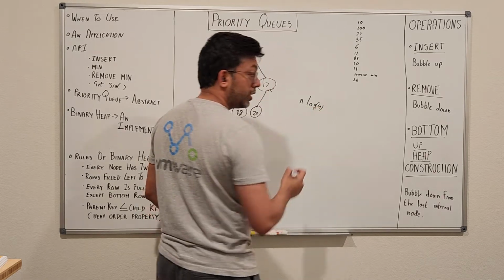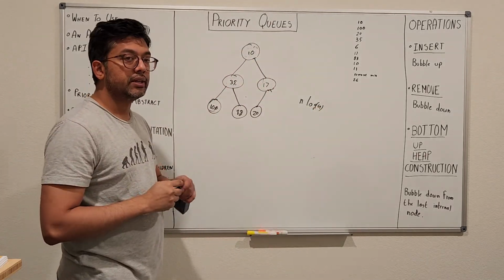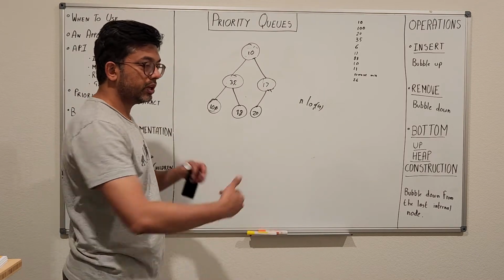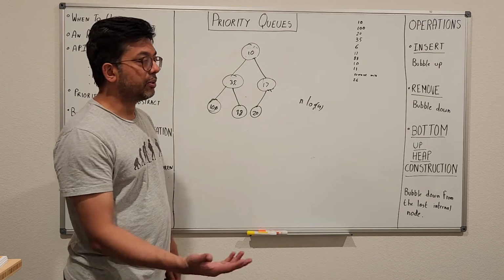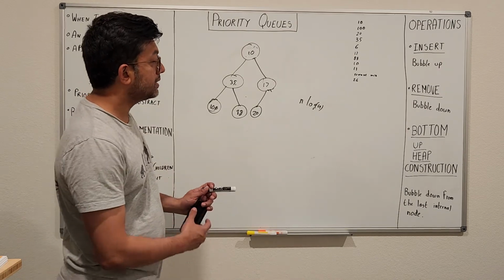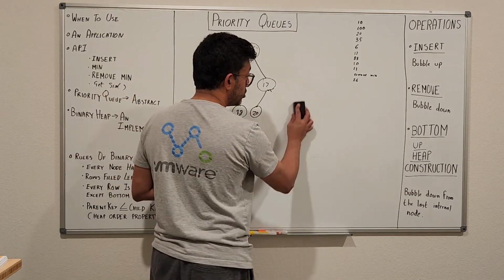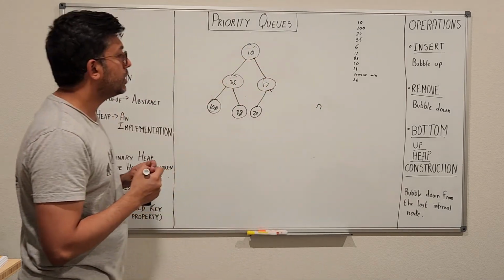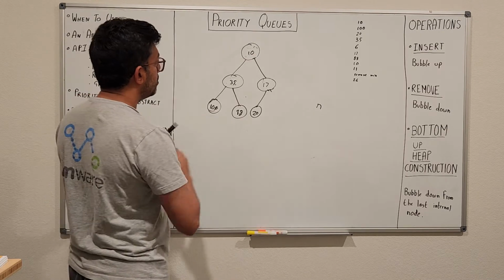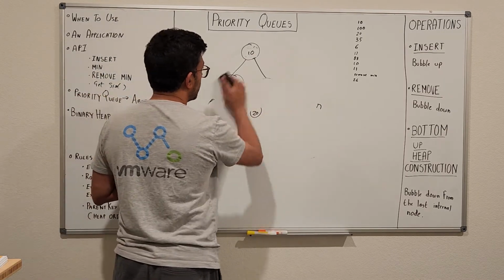But suppose you are not getting the numbers one by one. Instead, in the beginning of the program, I give you these 10 numbers and say, create a binary heap with this. So in that case, instead of n log n, you can actually do it in time n.